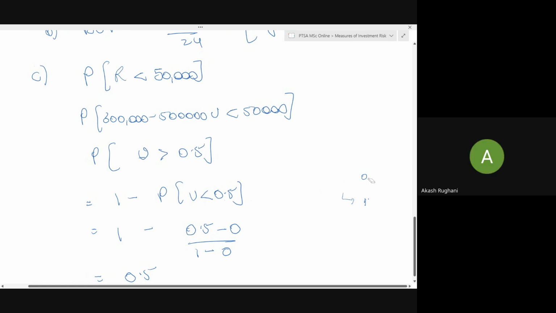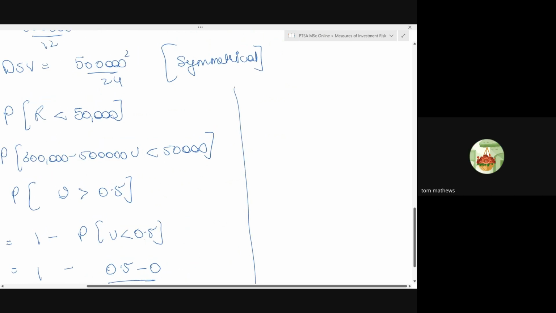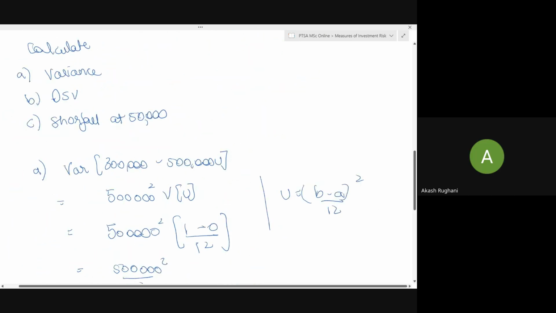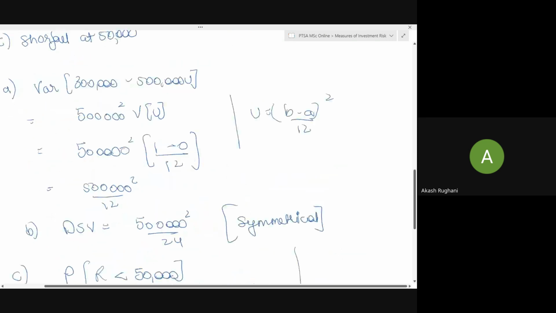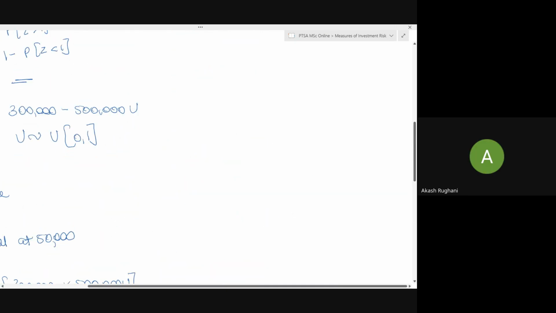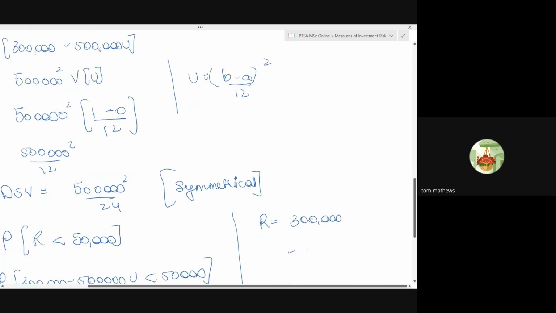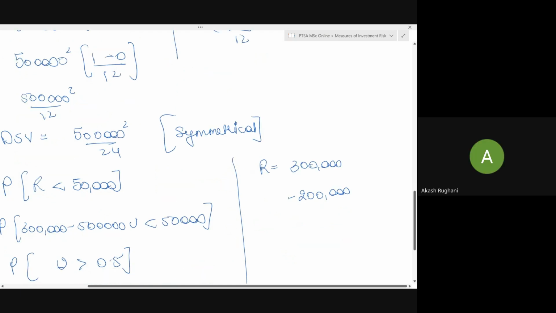So let's say what Tom is saying. Correct me if I'm wrong, Tom. If I substitute u equal to 0, r will take a value of 3 lakh, and if I substitute u equal to 1, r will take a value of minus 2 lakh. In which case also the answer should not be different.